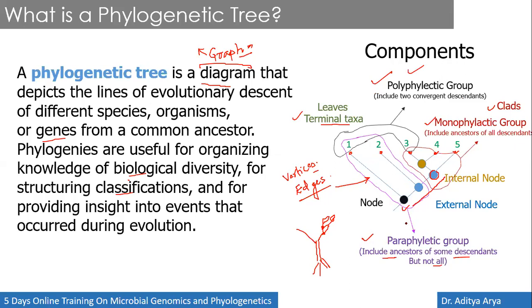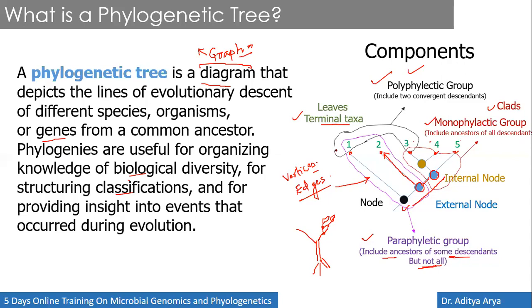Paraphyletic means you are including an organism where all the ancestors have not been included, or it's not an inclusion of all kinds of ancestors. So some descendants have been included, but not all descendants are a part of it. Like this was an ancestor, it has a descendant number 2, and it has another descendant that became 3, 4 and 5.